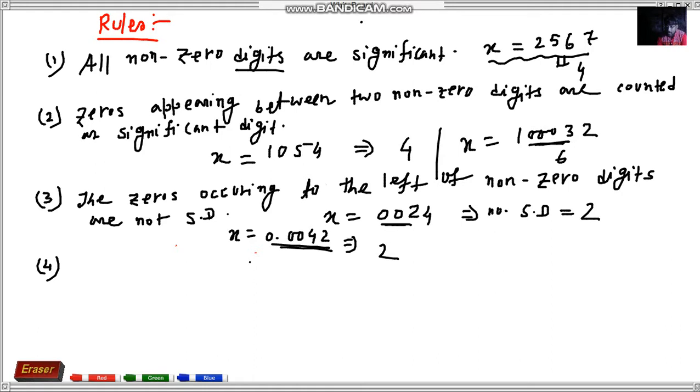When the zeros are occurring at the right side, then this point or this decimal has a great role. This is actually rule number 4. If zeros are at the right side, like 4200, if x equals 4200, then in this case the number of significant digits is 2.